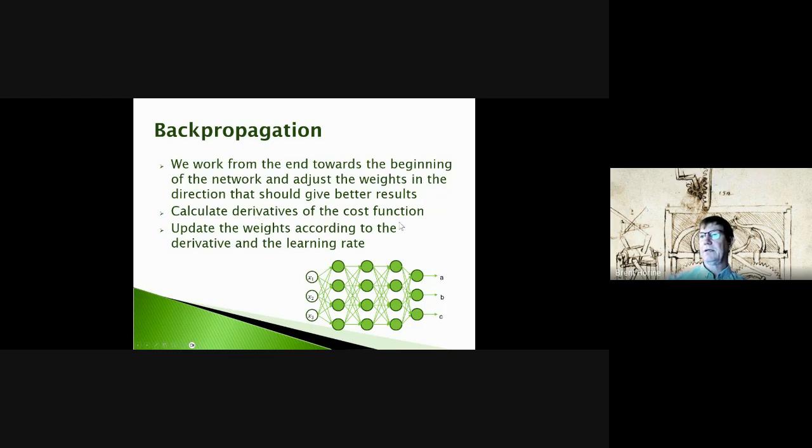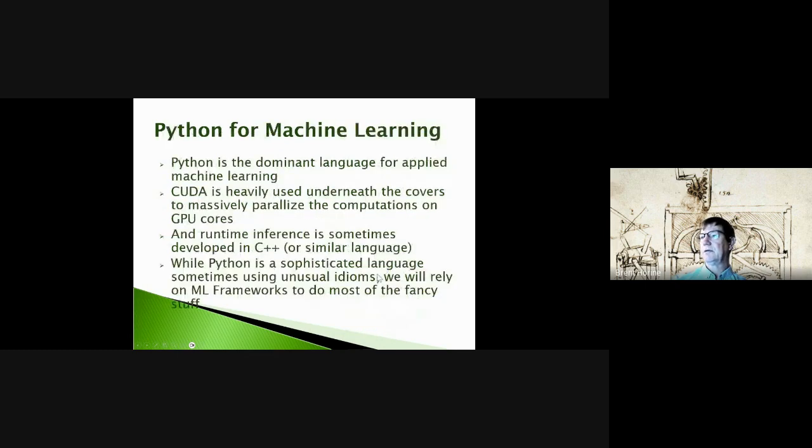And now we calculate derivatives of the cost function with respect to all these different weights and biases, and we kind of move from this end back towards the beginning, and we update these weights, all these weights, and the biases that aren't shown here, and then we kind of step through here and calculate all these, right?